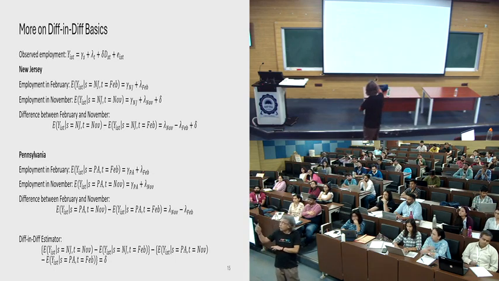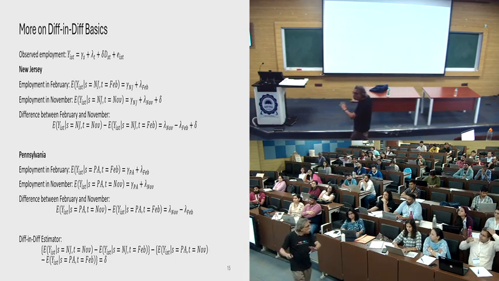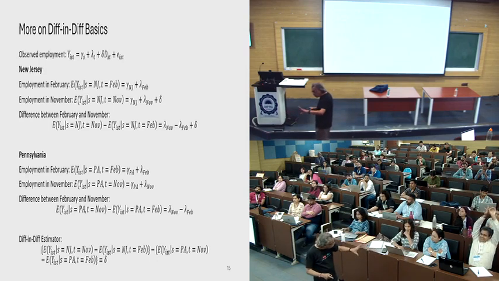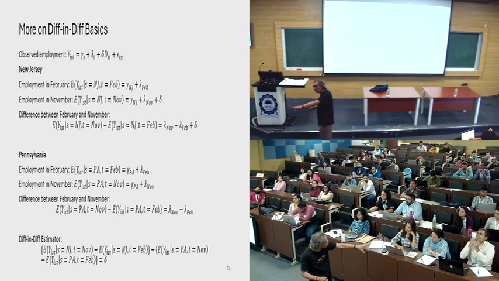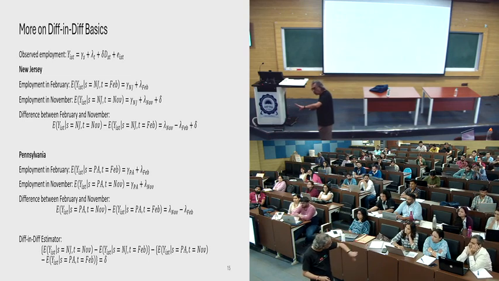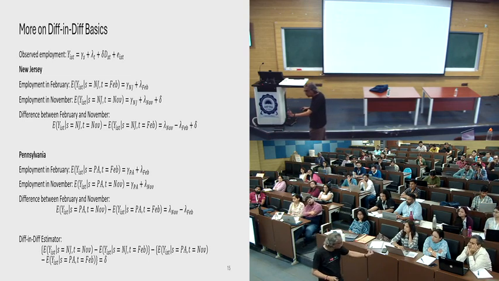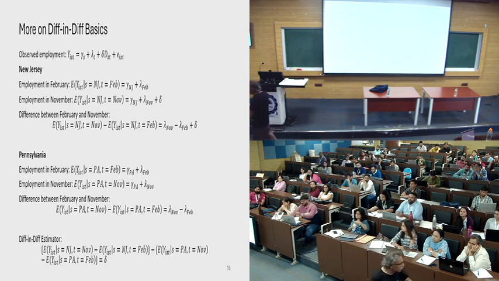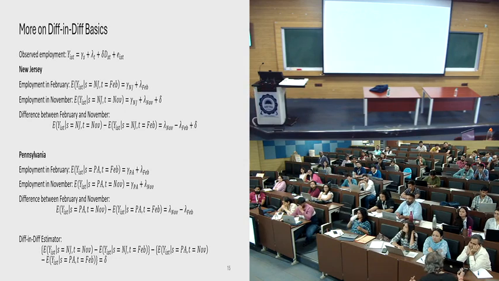And then all I want to do is this: I have the impact of the policies for Pennsylvania and New Jersey. I already took the difference, so that's my first difference. Now I take the second difference, between New Jersey and Pennsylvania, which estimates my delta, and hence I call it difference in difference.